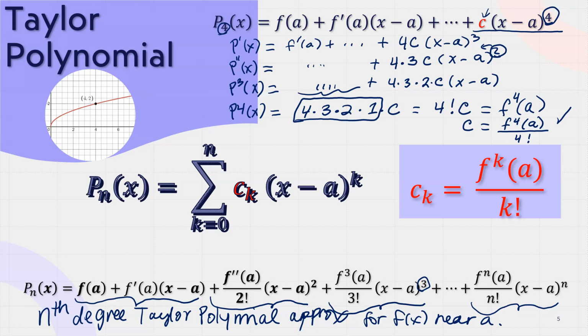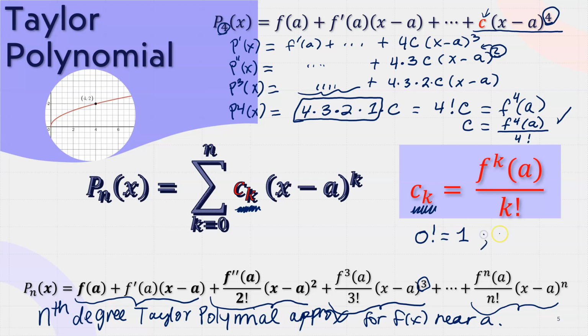of c, that coefficient c sub k right here. The coefficient multiplied by x minus a to the kth power, where the coefficient is going to be the kth derivative divided by k factorial. Now, one thing that we want to know also, by definition, 0 factorial is equal to 1.